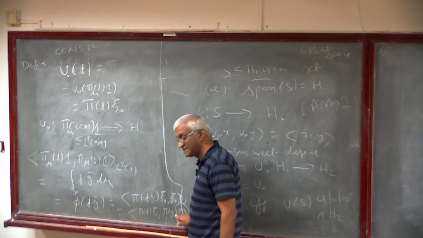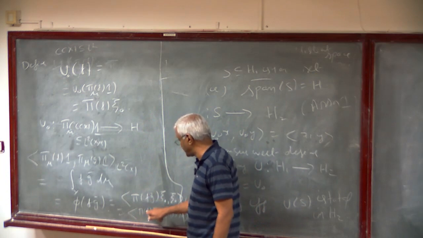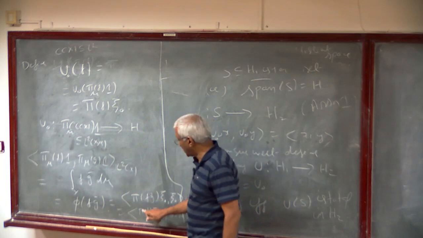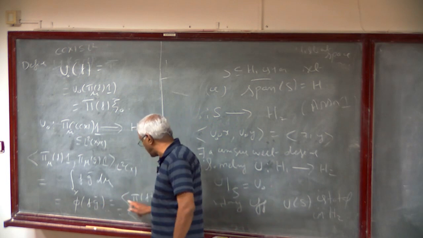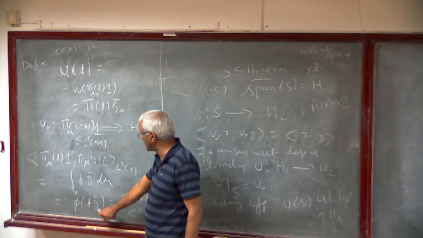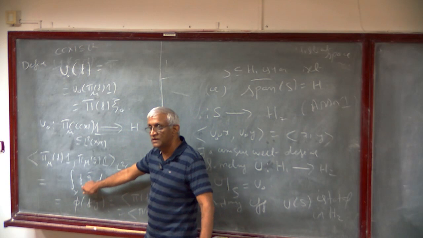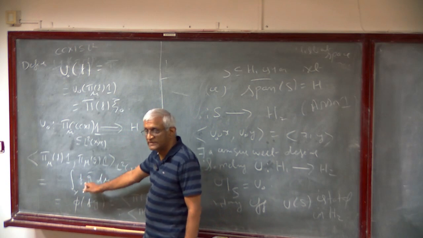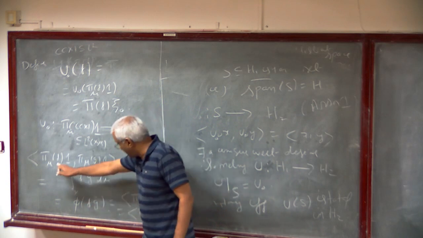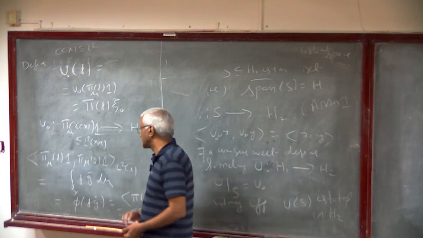Pi of f xi naught, pi of g xi naught, which is equal to pi of fg bar. Okay, and that's how the entire phi is defined, which is equal to this, and that's how we got the mu, so which is equal to this, and that by definition is equal to this.